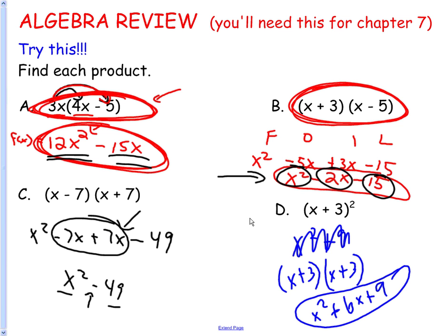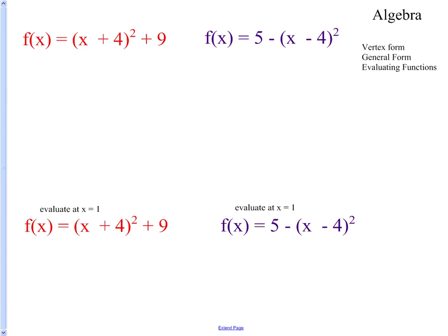So I'm doing multiplying practice here because we're going to be talking a lot about changing from vertex form into general form. This red one here is in classic vertex form. To get it into general form, all I've got to do is multiply it out, and I'll have it in general form. Now, vertex form is really good for graphing.